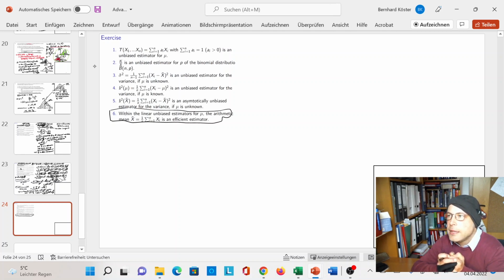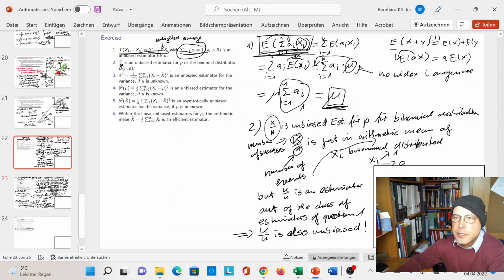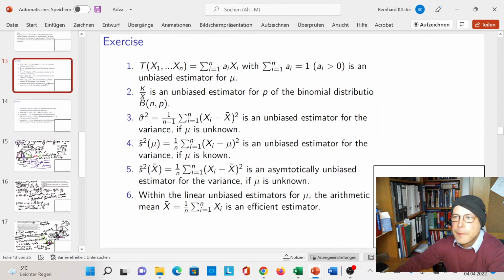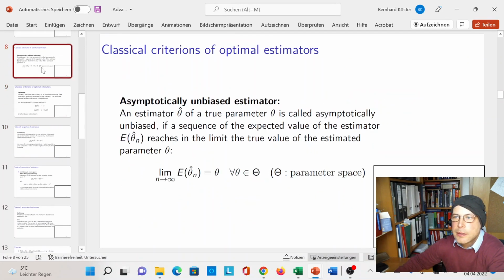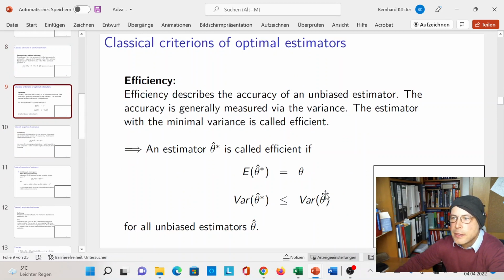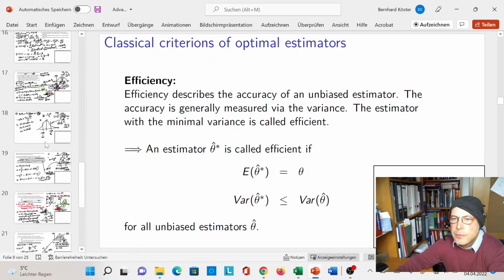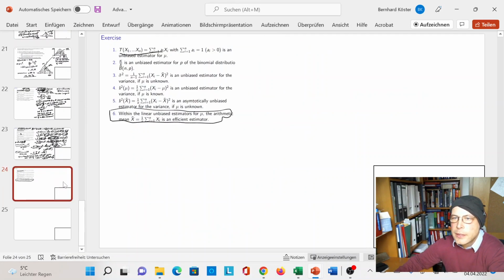Because the arithmetic mean is not only unbiased, as we have already shown in question 1, it is also efficient. And what was efficiency? This was that it is not only unbiased, it is also the estimator with the smallest variance. And this we just want to show at the end of this lecture today.